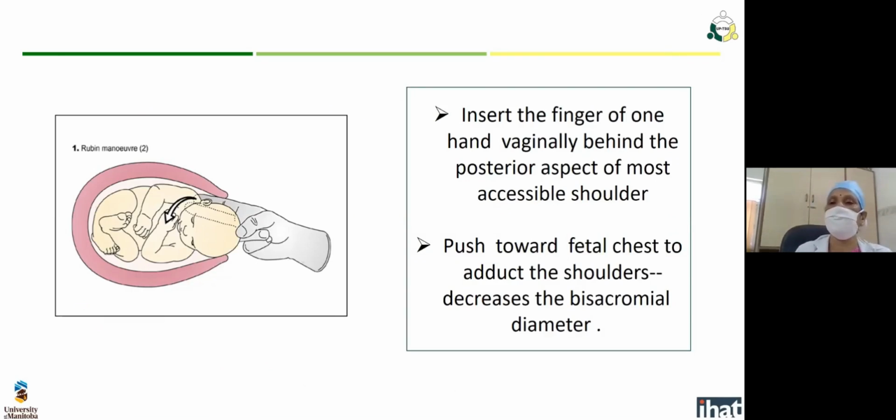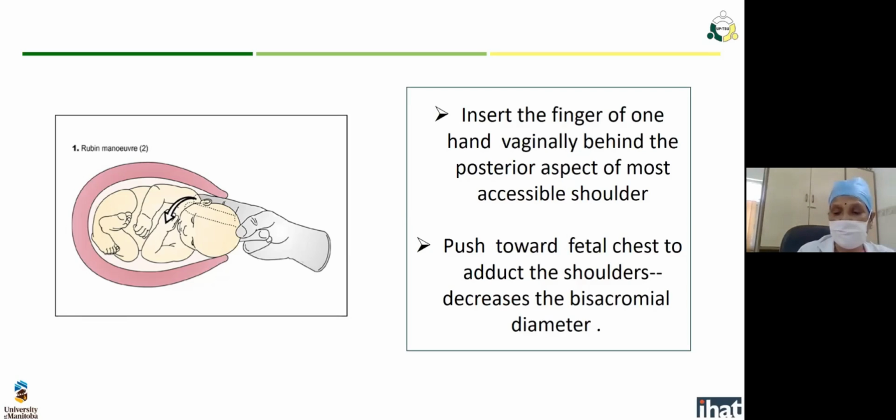In this, insert your 2 fingers in the vagina and go to the posterior aspect of the shoulder and press it, and push it towards the chest of the baby. तो उससे क्या होगा कि the diameter of the shoulder will decrease and the shoulder will disimpact and it will be delivered. And that is known as the Rubin's maneuver.